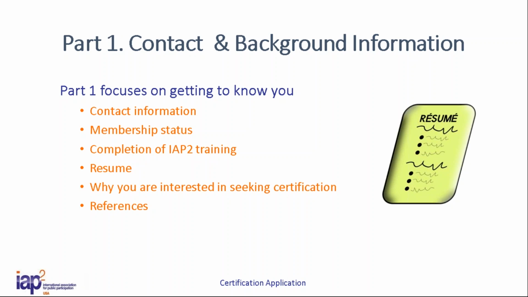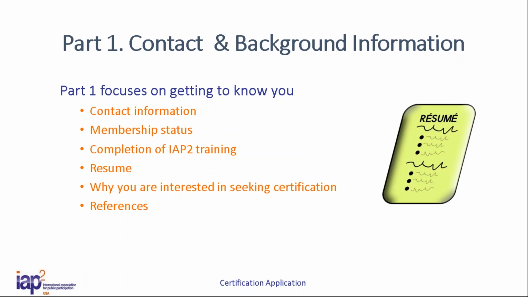And then we do ask for 2 references. These 2 references are people that you have a level of confidence will be able to speak about your capabilities relative to the core competencies. I'll be honest with you, we hope we don't have to call them, but if we need to corroborate any information that you've presented in your application, we will contact them.